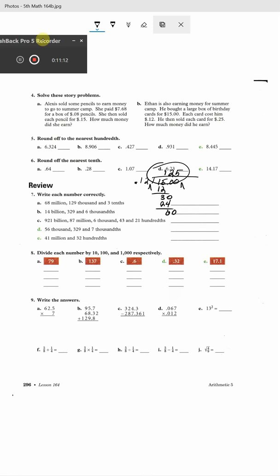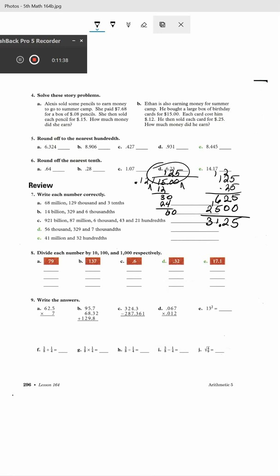All right, he's selling them for 25 cents each. All right, so he made $31.25 on his cards.